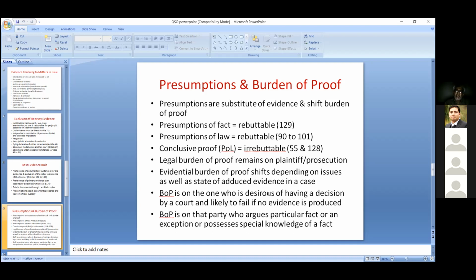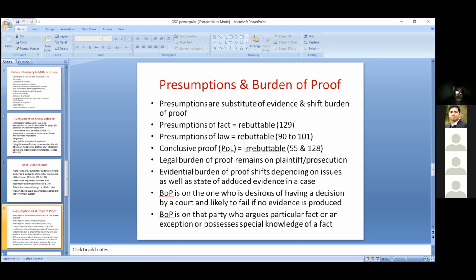For example, in criminal cases, the burden of proof is upon the prosecution to prove the case beyond any shadow of doubt. But when the case is likely to be proved in favor of the prosecution and the accused is apprehensive that the case would be proved on the basis of this particular evidence, he is under evidential burden to rebut or to point out those discrepancies in the evidence presented by the prosecution.